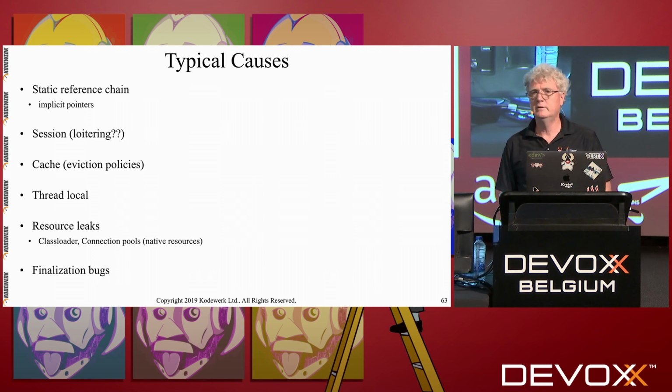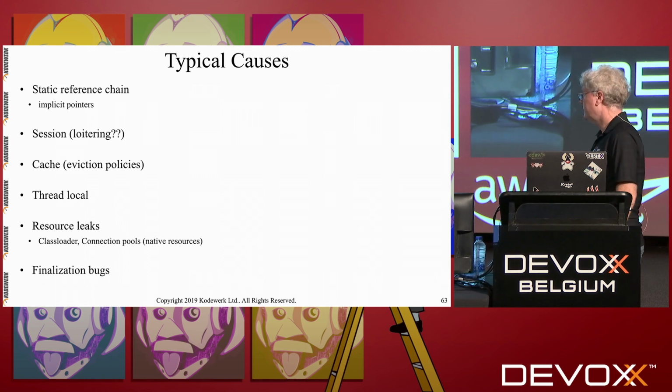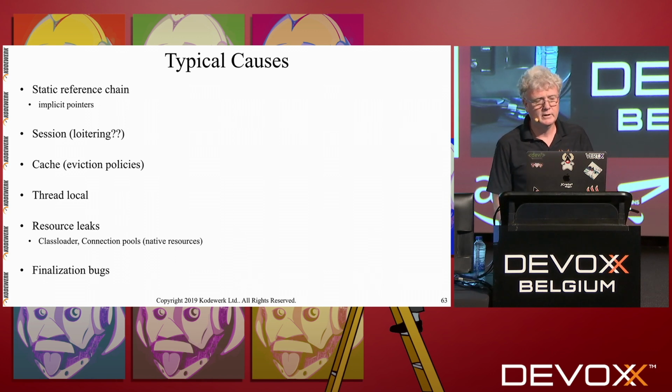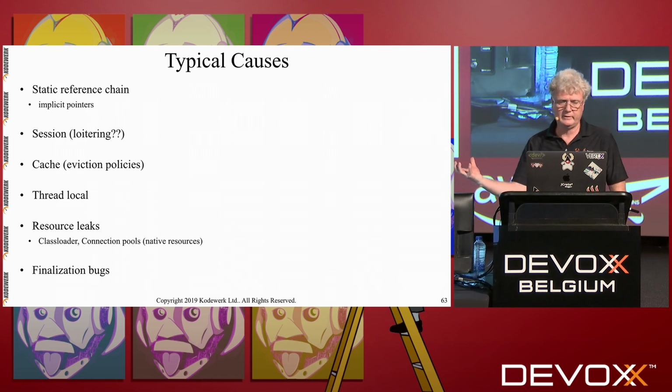All I'm looking for is a chain of pointers from a GC root to a live data set. If you look at a static reference chain with all these implicit pointers, you end up with the static variable being a GC root, and then you have a chain down to data that you're hanging on to.